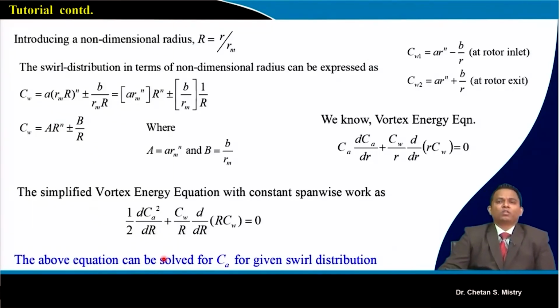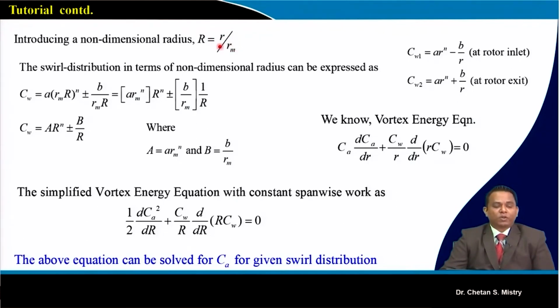Now, in order to simplify this solution, let me introduce one non-dimensional parameter, capital R, which is nothing but my radius or location at a particular station divided by my mean radius.